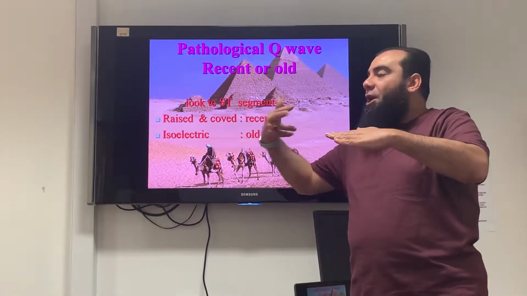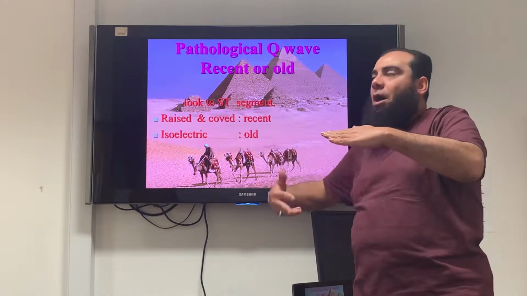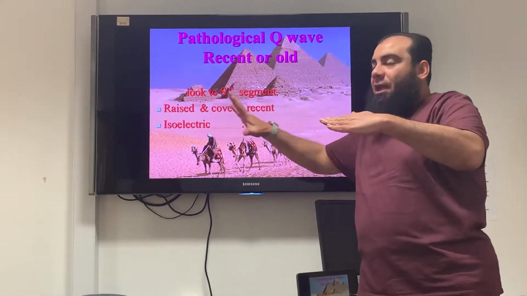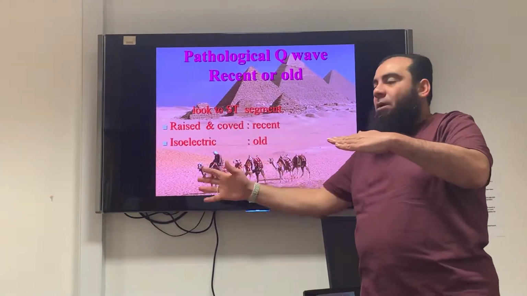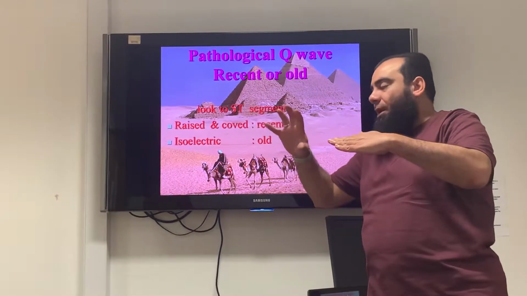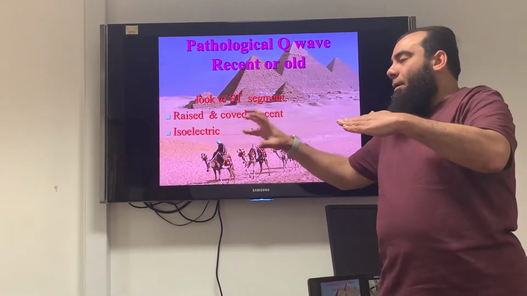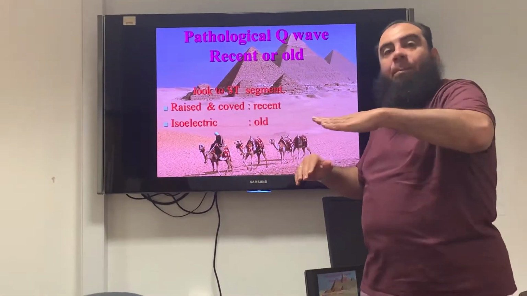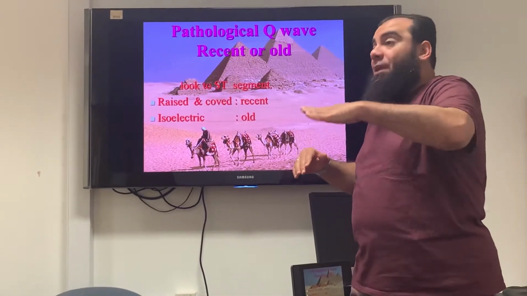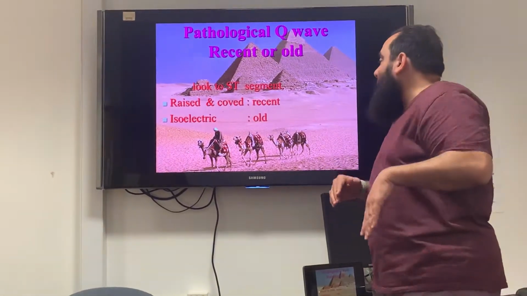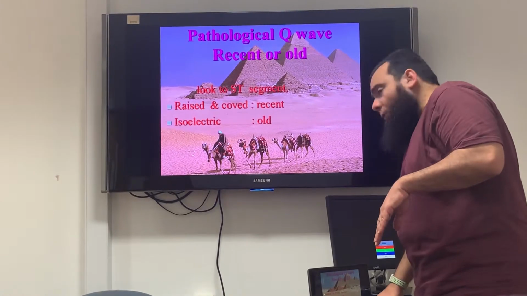So we compare any segment, or any up and down deviation in any area in the second or following complex beat, with the previous TP line. This is our isoelectrical one. Why am I telling you that?